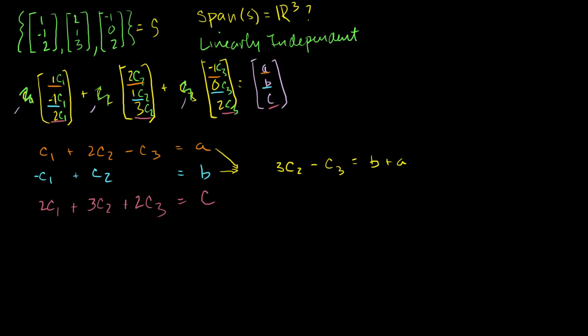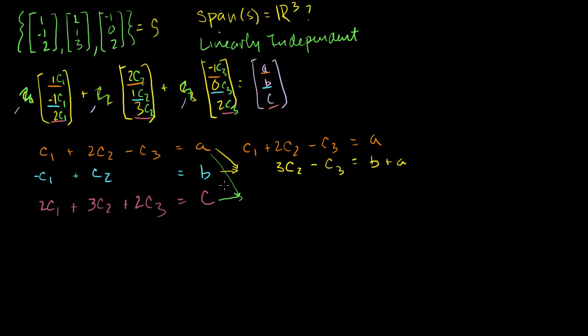Let me write down that first equation on the top. So the first equation, I'm not doing anything to it. So I get c1 plus 2c2 minus c3 is equal to a. Now in this last equation, I want to eliminate this term. So let's take this equation and subtract from it 2 times this top equation.